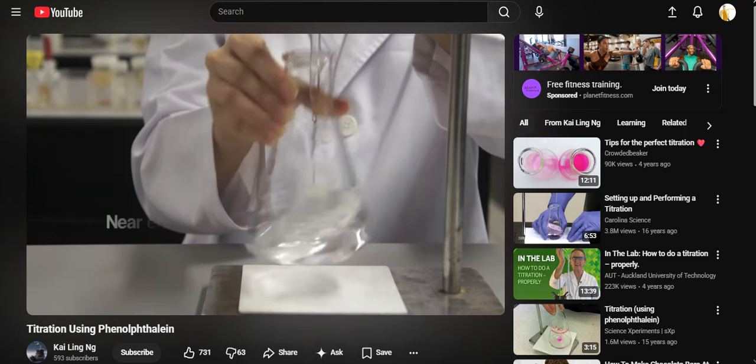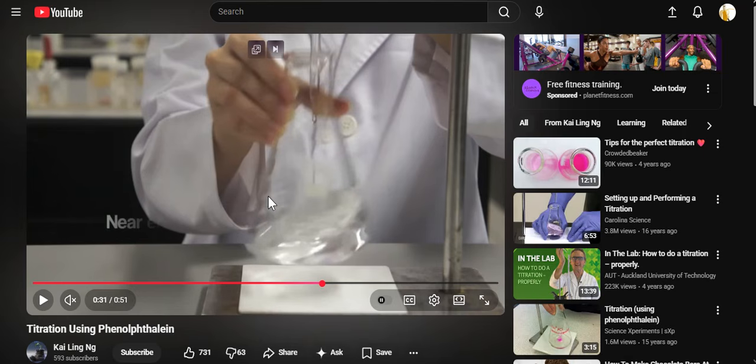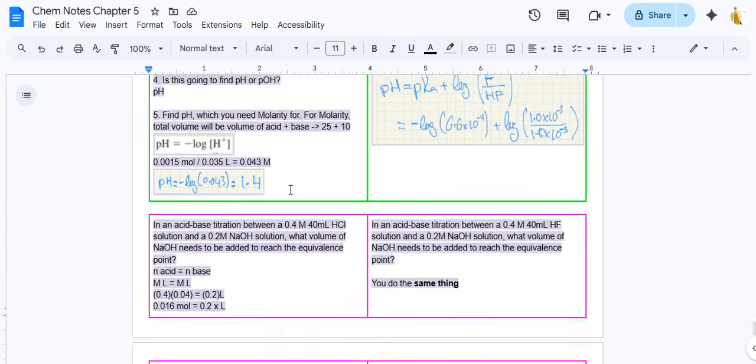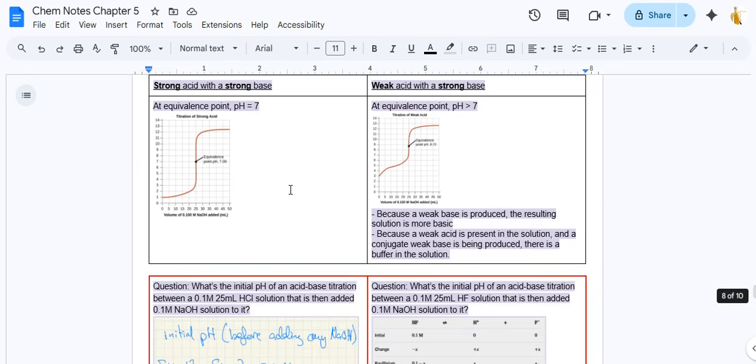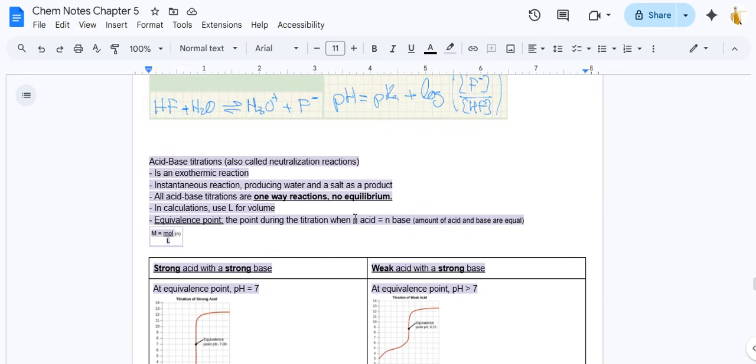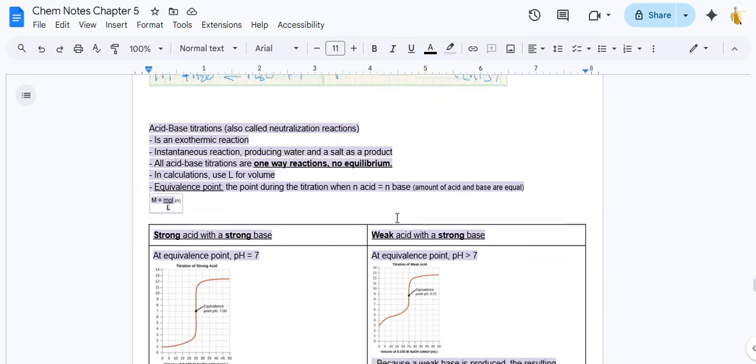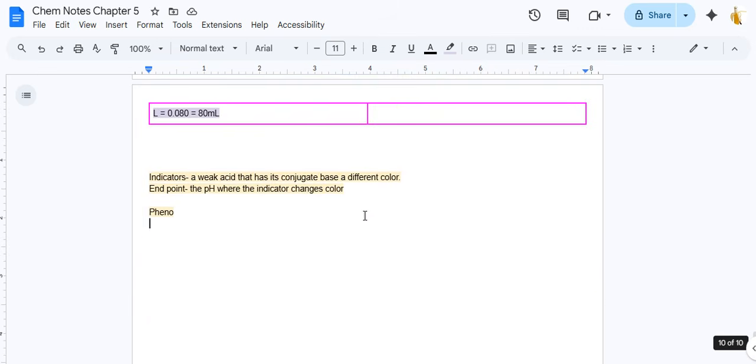So in the experiment, we have the base in here, we have the acid in here, right? And we want to add the base into it until it reaches the equivalence point, until the amount of moles of acid equals the amount of moles of base.